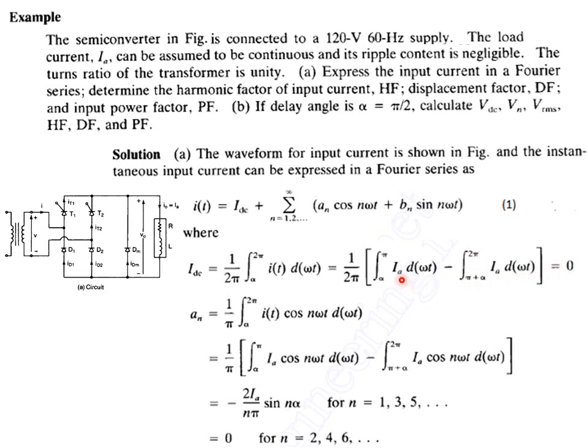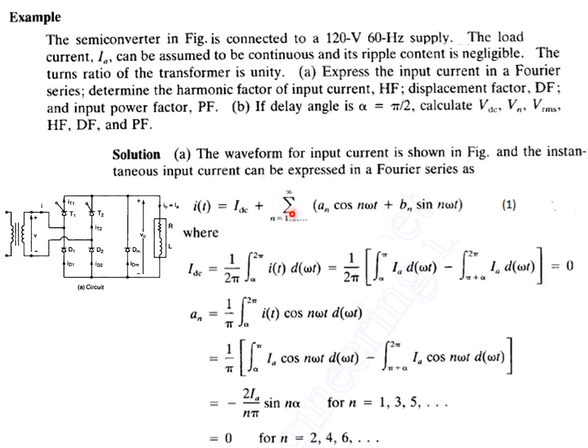We have considered Ia as a load current, which is a DC value. This IDC we are going to consider as 0 because one part is positive and the other is negative, so when we subtract, we get a 0 value.